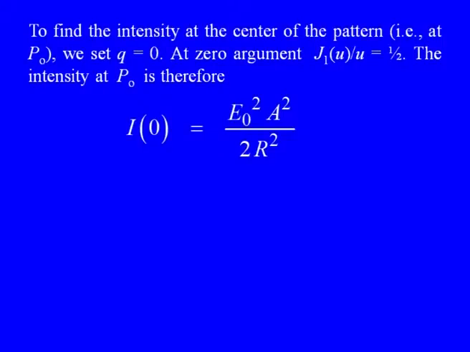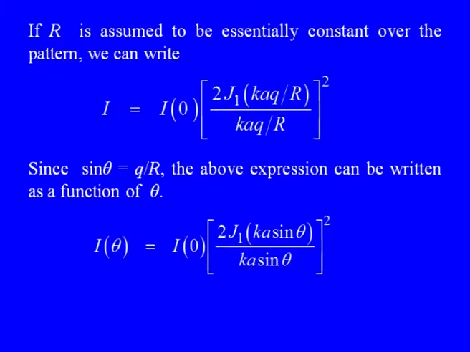That intensity is given by E naught square capital A square, where capital A is the area, divided by 2 R square. Let us substitute this expression. Finally, the intensity appears in this form: I is equal to I naught times twice J1 of kAQ upon R divided by the factor kAQ upon R, and the whole thing is squared.